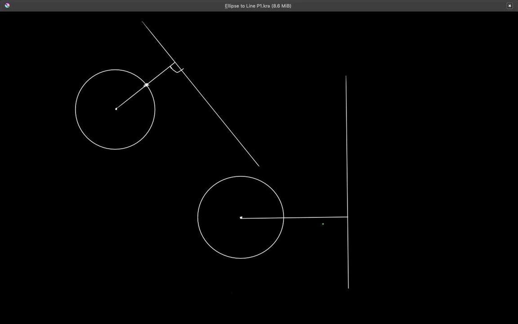We are going to compare this distance right here to the distance from, let's say, this point right here to the line. If we dropped an altitude from this point to our arbitrary line, it would look something like this.